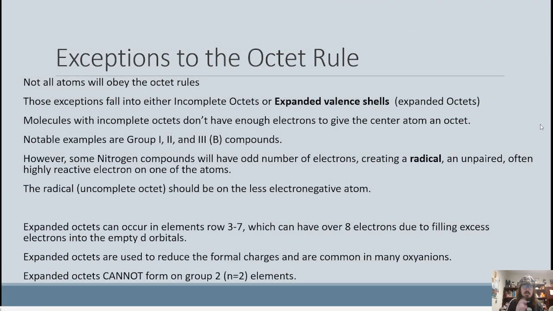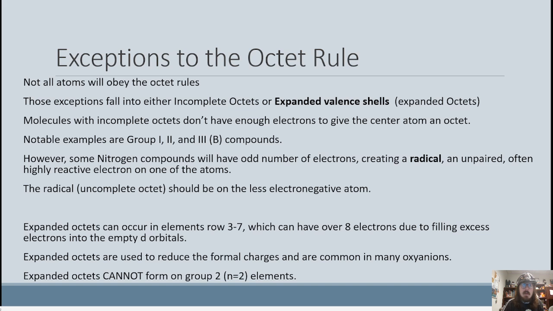Okay, exceptions to the octet rule. Not all atoms will obey the octet rule all the time. There are two major exception classes, one of which we've already seen previously, and that falls into incomplete octets, which is under the less than 8, and expanded octets, or expanded valence shells.